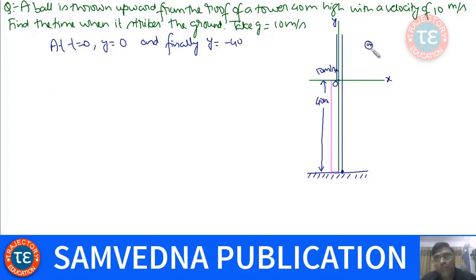And when the body is in motion, force acting on the body is mg in downward direction. So force acting on the body is mg minus j cap, and this will be equal to mass into acceleration.